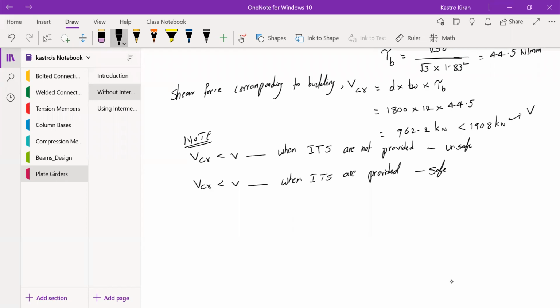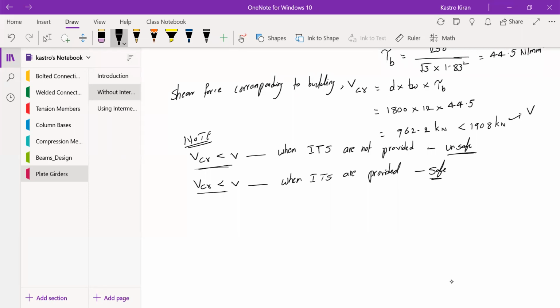Remember, for both cases the simple things are the same. In the first model of problem, you are not providing the intermediate transverse stiffeners, so if VCR is less than V, it is considered an unsafe section. And if you are providing the intermediate transverse stiffeners and VCR is less than V, then you can take this as a safest section.